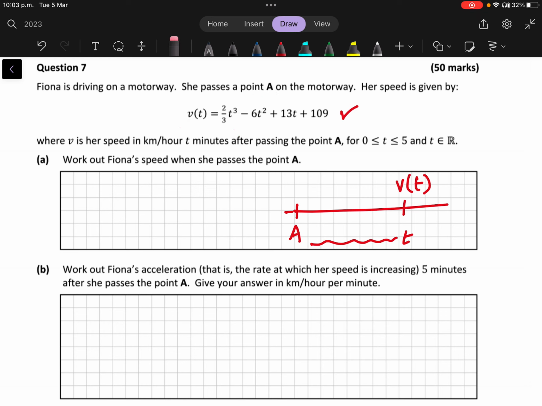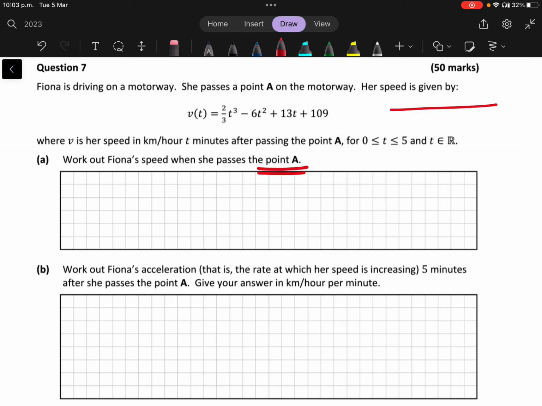So let me just clear this off and read the question once again. Here they're asking, work out Fiona's speed when she passes the point A. As I said, it is passing the point A and it is at t. This is where the velocity function is applicable, which is v of t. So when she passes the point A, the time will be 0.